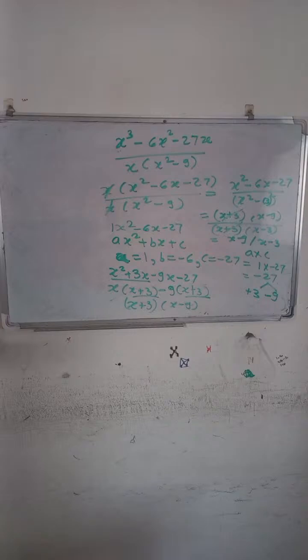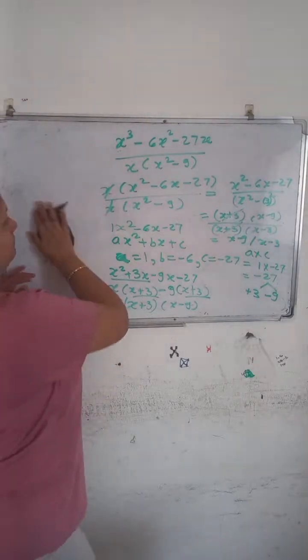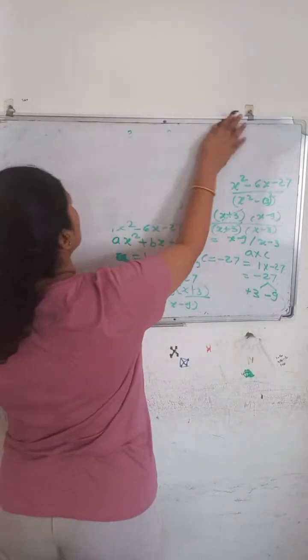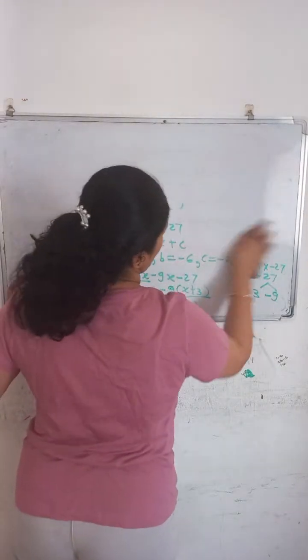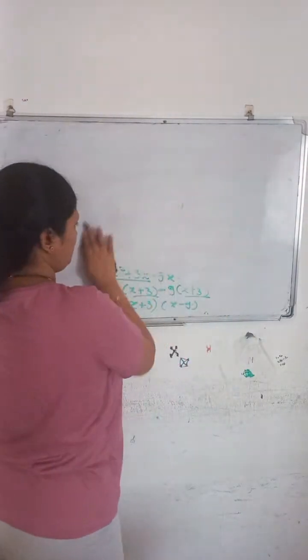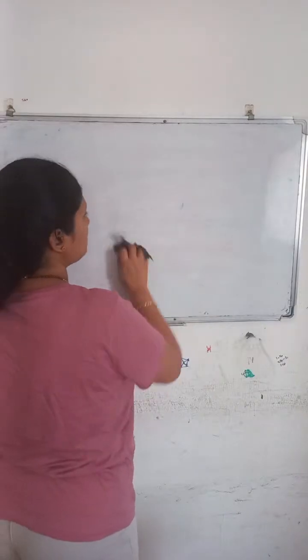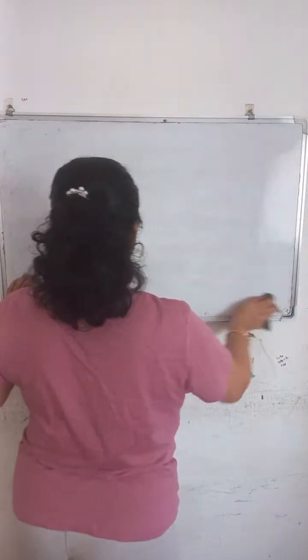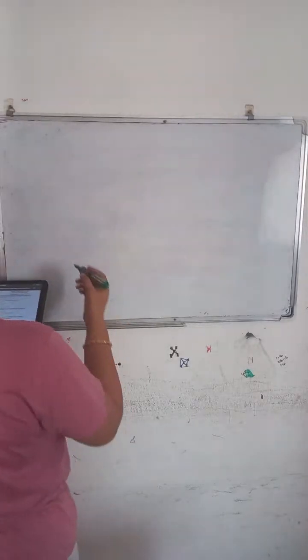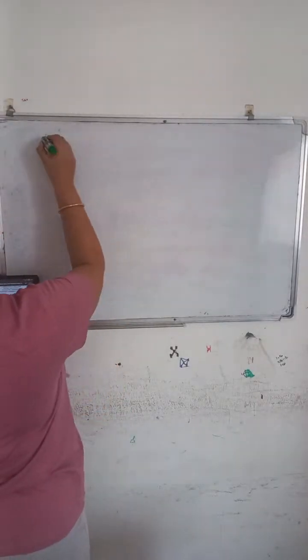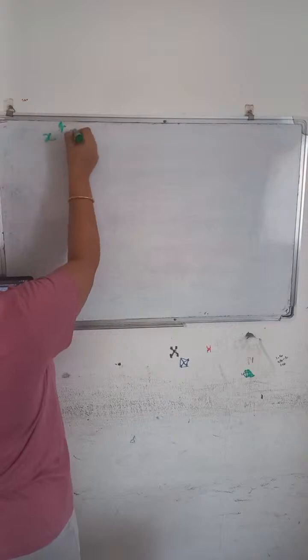Write down. Now the next questions are for 4 marks. So here is a question. They are asking to use suitable identities and factorize.